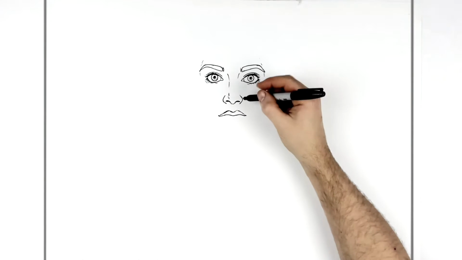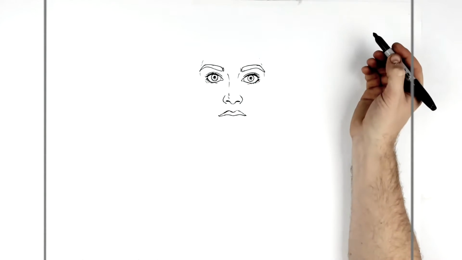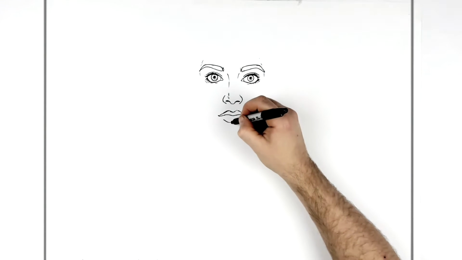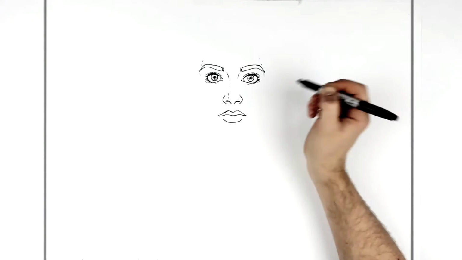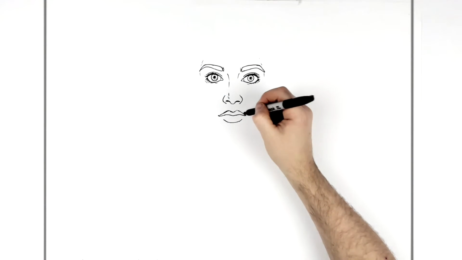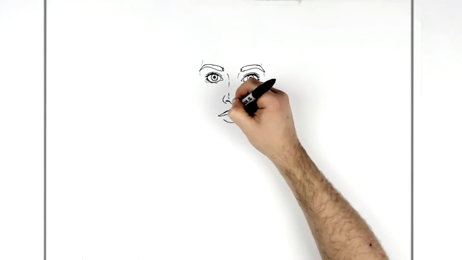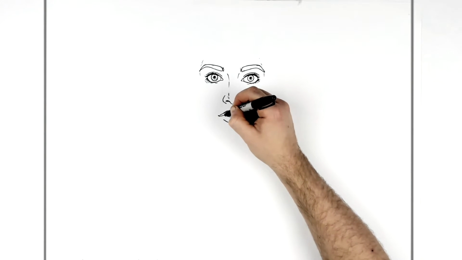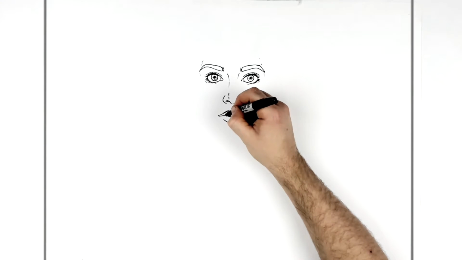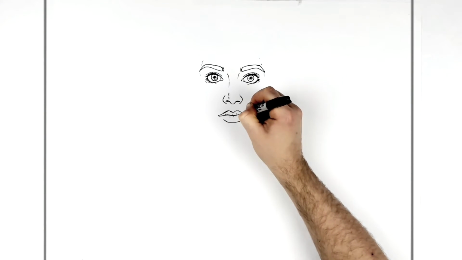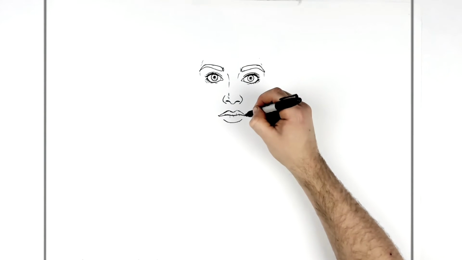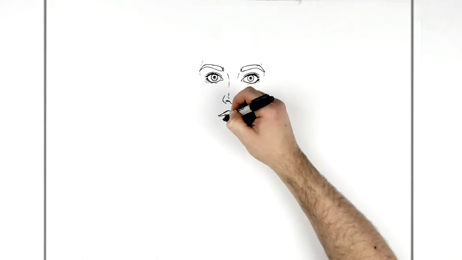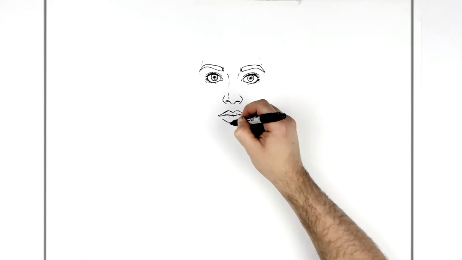And bottom lip down here. You could add some texture lines to her lips if you wanted. Right, like so, just like maybe a bit of a shadow underneath this lip.